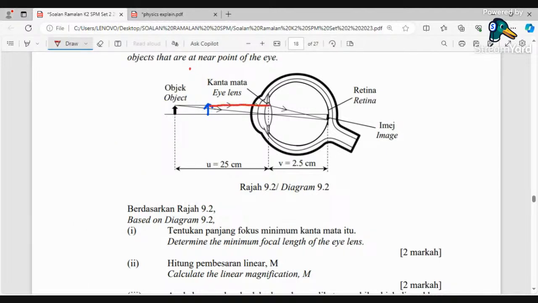Parallel to the principal axis, of course it will go through the focal point. Passing through the center, it will go in a straight line.